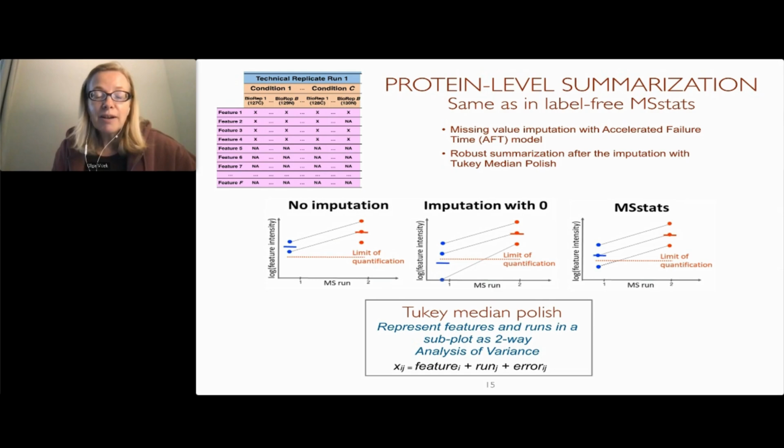And as long as we have another feature for the same protein in the same run, and as long as we have this same feature in some other channel, we can essentially draw the straight line and we will impute the missing value based on this parallel pattern. In label-free experiments, that's actually quite impactful. In TMT, occasionally it makes a difference, but not as big a difference as in label-free experiments.